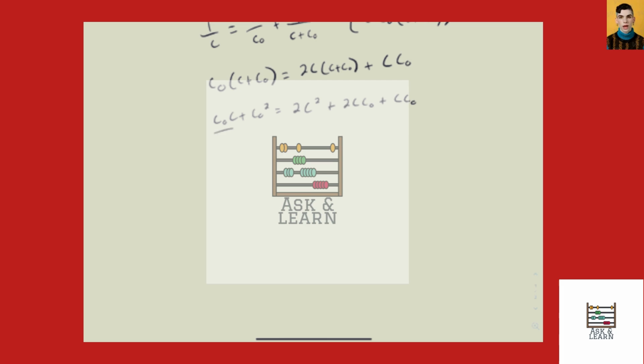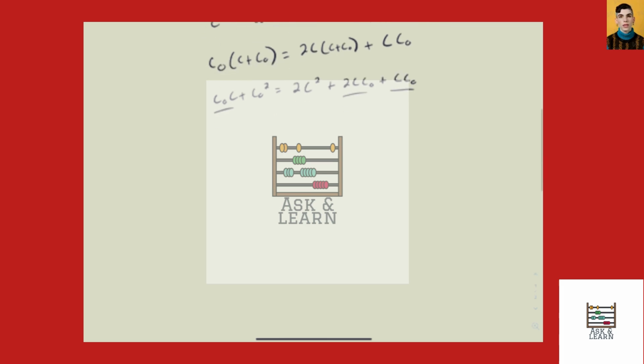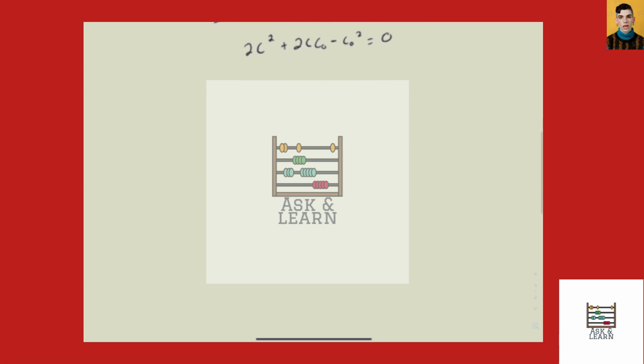So now we have 3 like terms, and this is going to be 2C squared plus 2C0C plus CC0, so that's 3, and then minus 1, so this is going to be plus 2C C0 minus C0 squared equals 0. And I'm just going to divide by 2 because I like the way that looks. So this is C squared plus C C0 minus 1/2 C0 squared equals 0. So now we have a quadratic that we can solve.